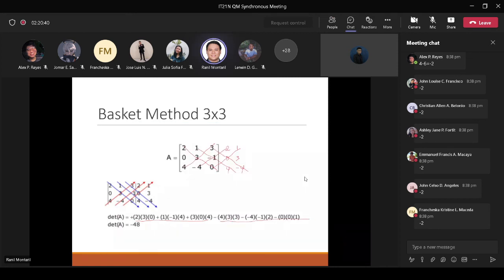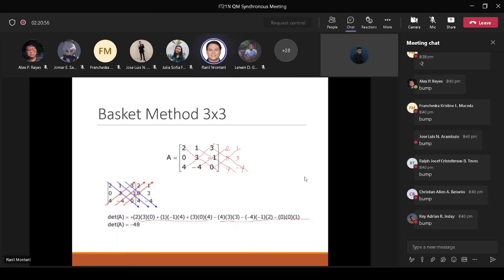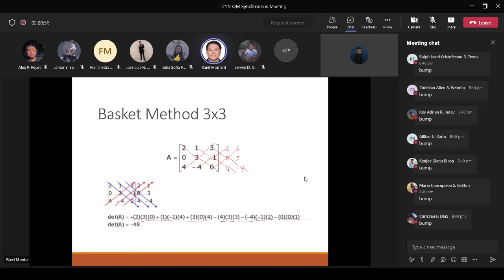Nakuha guys? Naintindihan yung paano yung basket and weave method natin? Okay, from there, by evaluating this, negative 14. Ang dali nito guys, alam niyo kung bakit? Ang saya nito pag may mga zero, kasi may isang zero lang, automatic, mako-cross out. So medyo mabilis talaga mag-compute ng basket and weave.